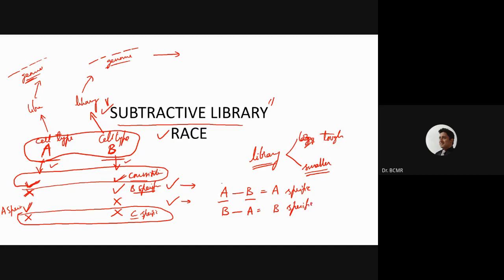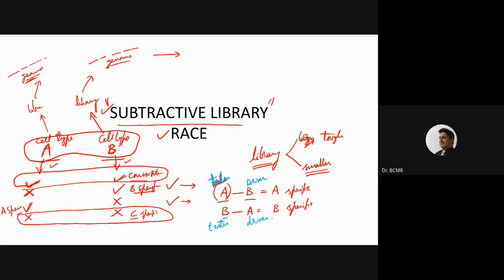The one that you are testing is called the tester. So this is the tester. And the B which you are subtracting from the tester is called the driver. In the second case, B is the tester and A is the driver.